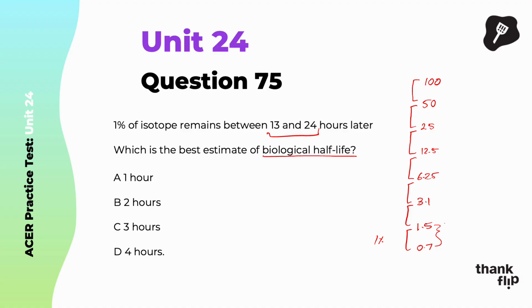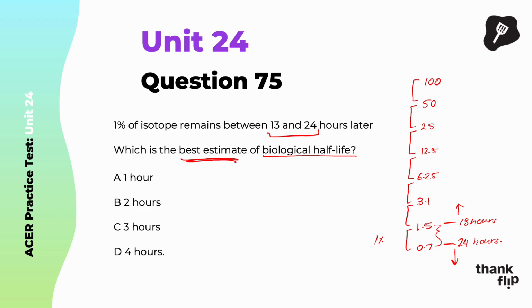So we can say that this point is at 13 hours, and this point is at 24 hours, approximately, okay? And so this could be any more this way, and this could be any more this way. But we're being asked about the best estimate.